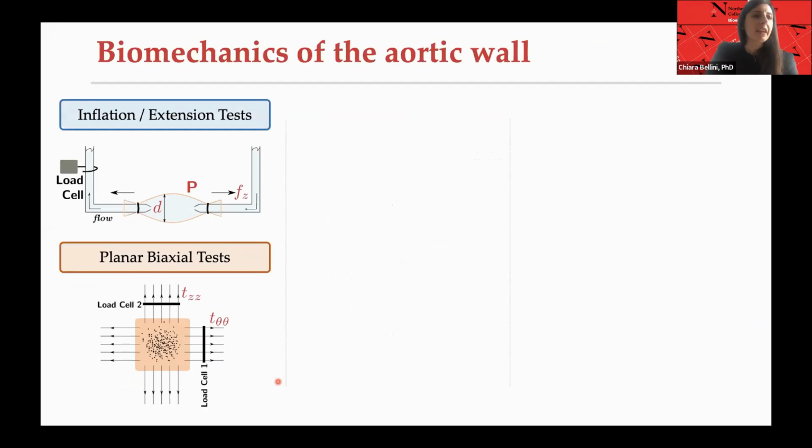So to evaluate the mechanical properties of the aortic wall, we perform biaxial tests on isolated samples, usually in the form of inflation-extension tests for mouse tissues or planar biaxial tests for human tissues.